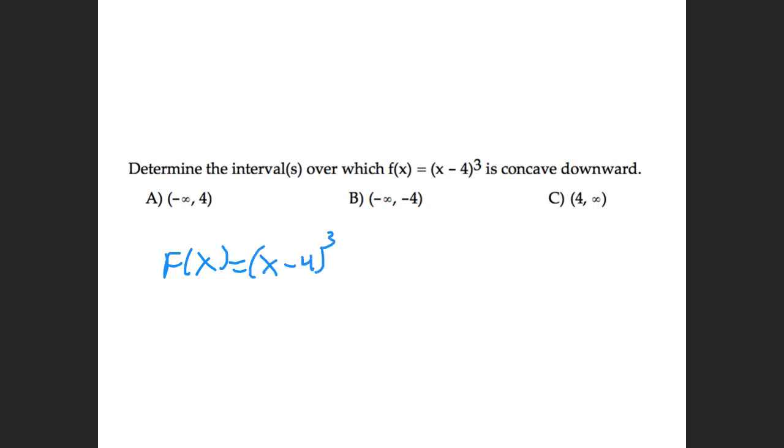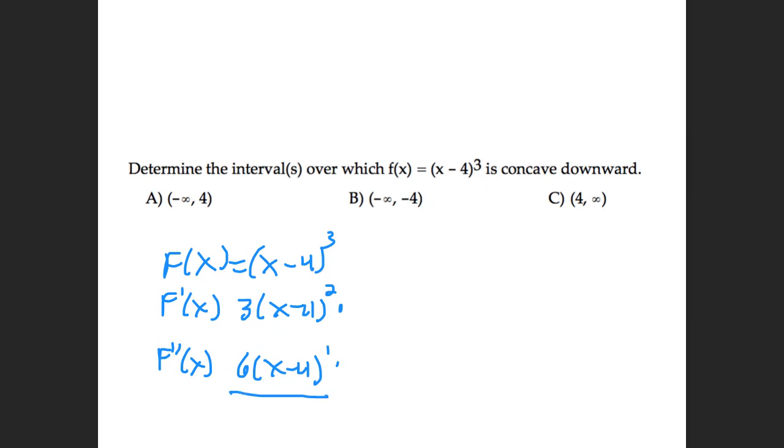Well, the first derivative, bring down the 3, leave the middle alone, times the derivative of the middle. Well, the derivative of x minus 4 is just 1, so it really is not going to change much. Second derivative, bring down the 2, so that's 6, leave the middle alone, times the derivative of the middle, which is just 1 again. So this is my second derivative.